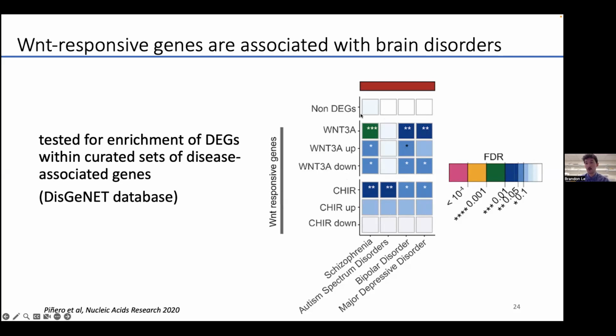In contrast, if we look at the genes that do not change in response to Wnt, these do not show enrichment with these curated disease gene sets. So it helps us understand that Wnt stimulation is affecting genes that are relevant for neuropsychiatric disorders.